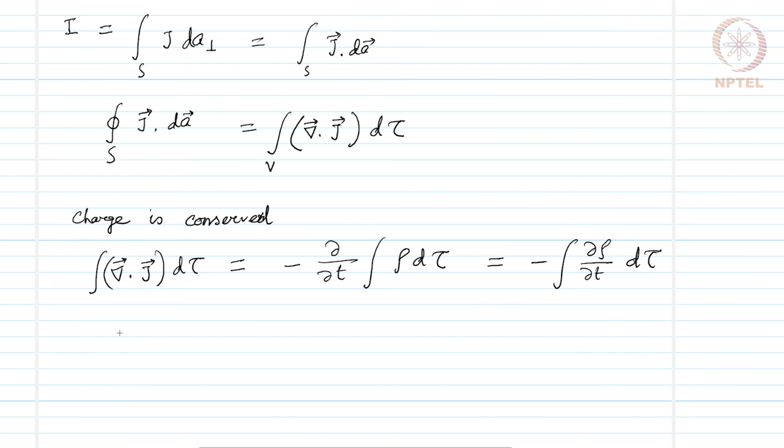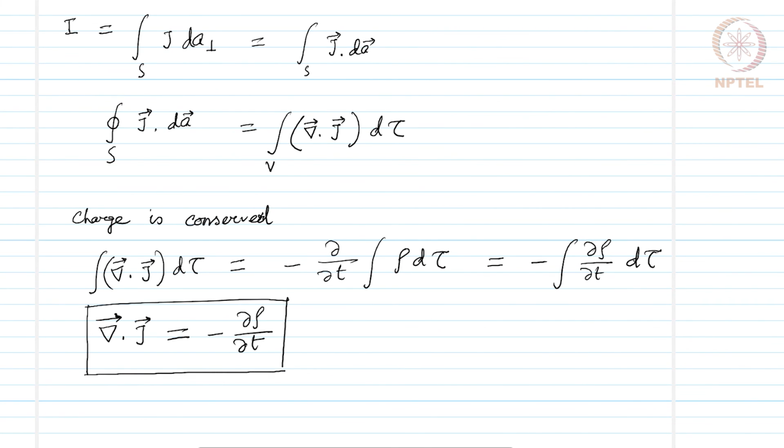This expression will hold provided the kernels of the integrals are equal, that is, the divergence of J equals minus del rho del t. So, the divergence of the volume current density is the negative of del rho del t in a given volume, and this equation is very important. This is nothing but the conservation of charge. This is known as the continuity equation.